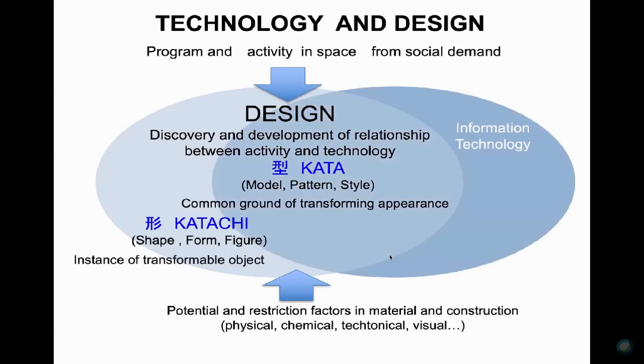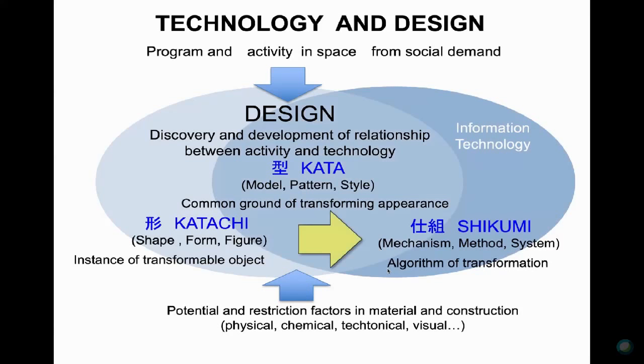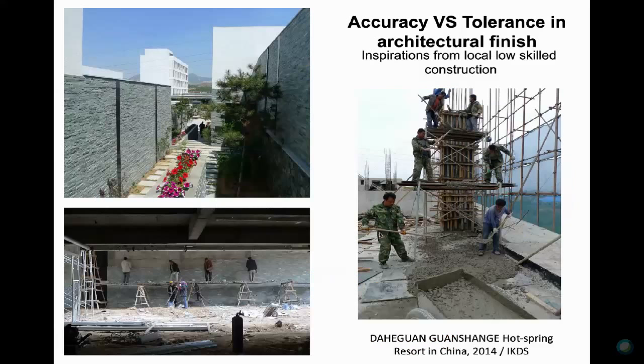However, by using information technology, as Professor Woodbury has already mentioned, it has become easier and more systematic, and our design got to that method, that system, not only the katachi. So from design of katachi to design of shikumi must be one big trend.